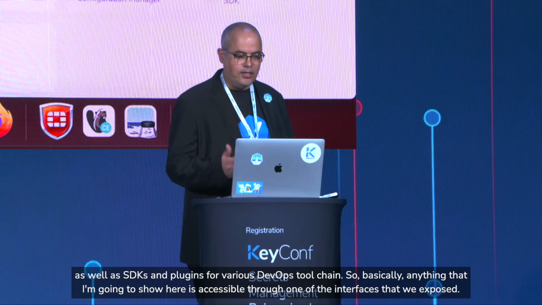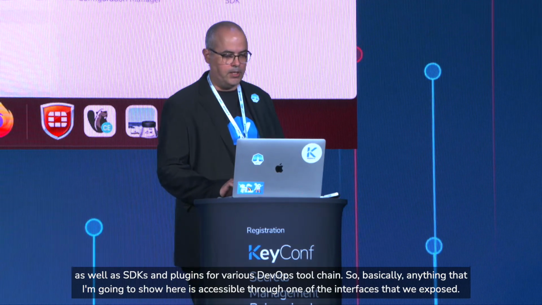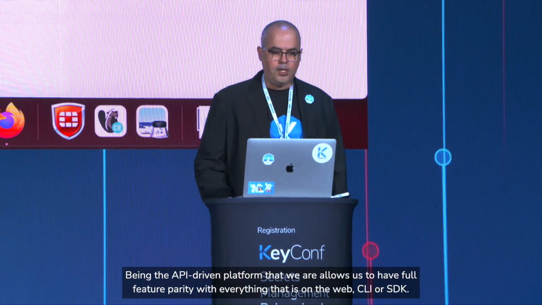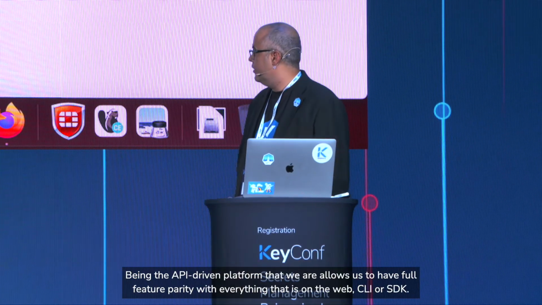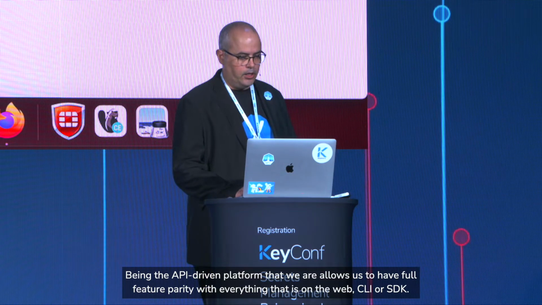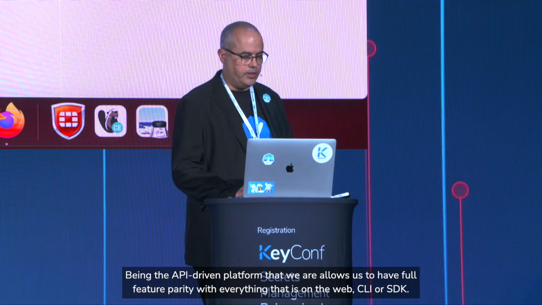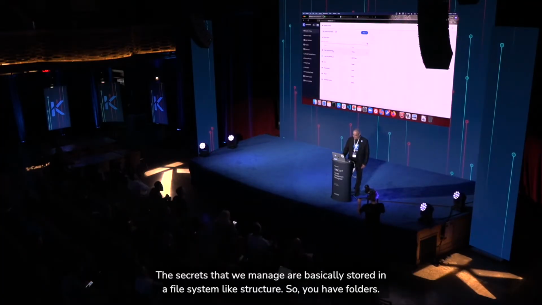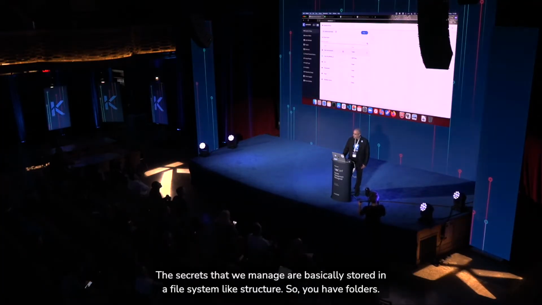So basically, anything that I'm going to show here is accessible through one of the interfaces that we expose. Being the API-driven platform that we are allows us to have full feature parity with everything that is on the web, CLI, or SDK.